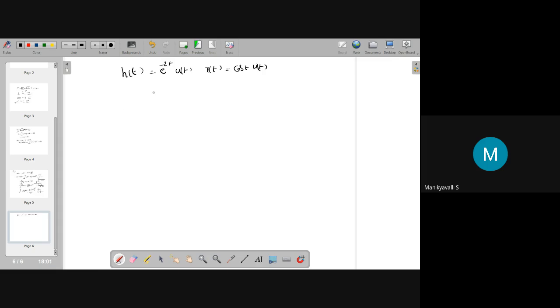Then you need to find out the response y of t. Basically, you are having a system with impulse response h of t and input x of t, and you need to find out y of t.